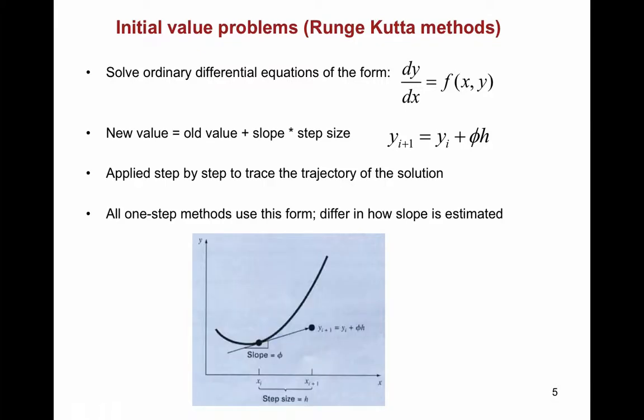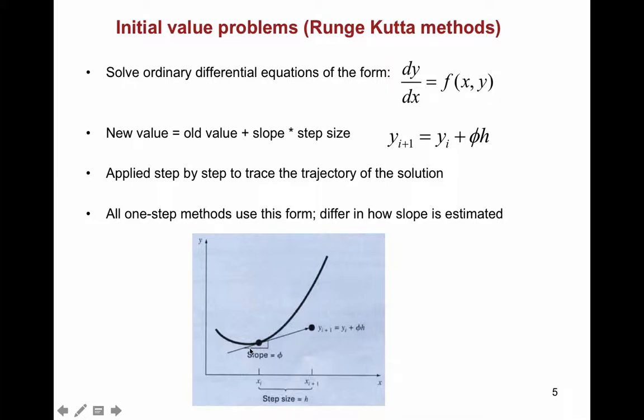So let's look at that on the graph. This is my xi, this is my yi. So this is the point. This is the function that I'm looking for that I don't know. But the best I can do is estimate the value of this function at this next point, xi plus 1.